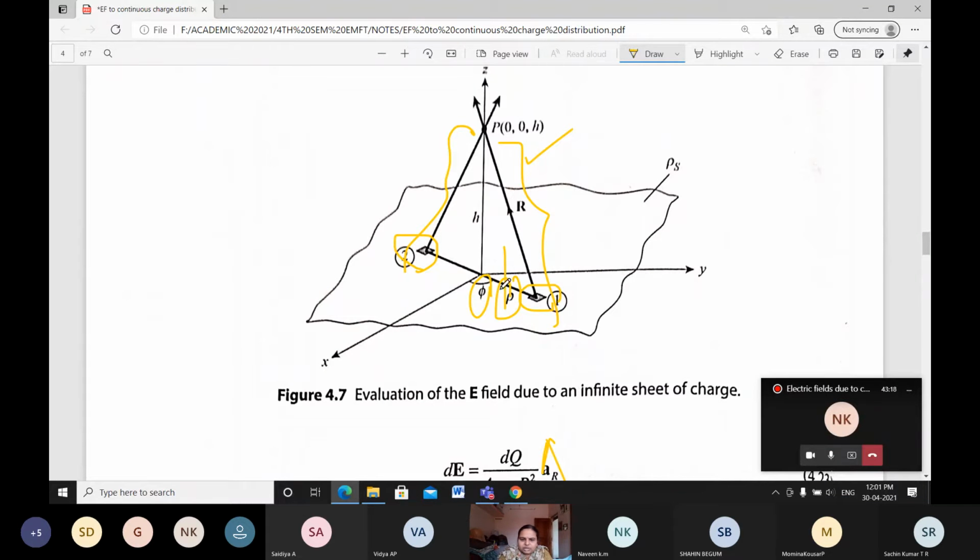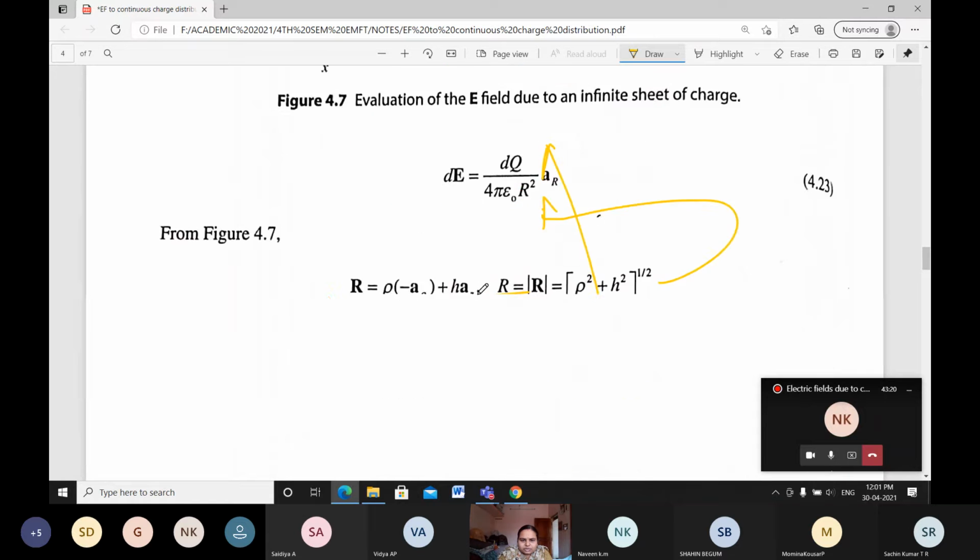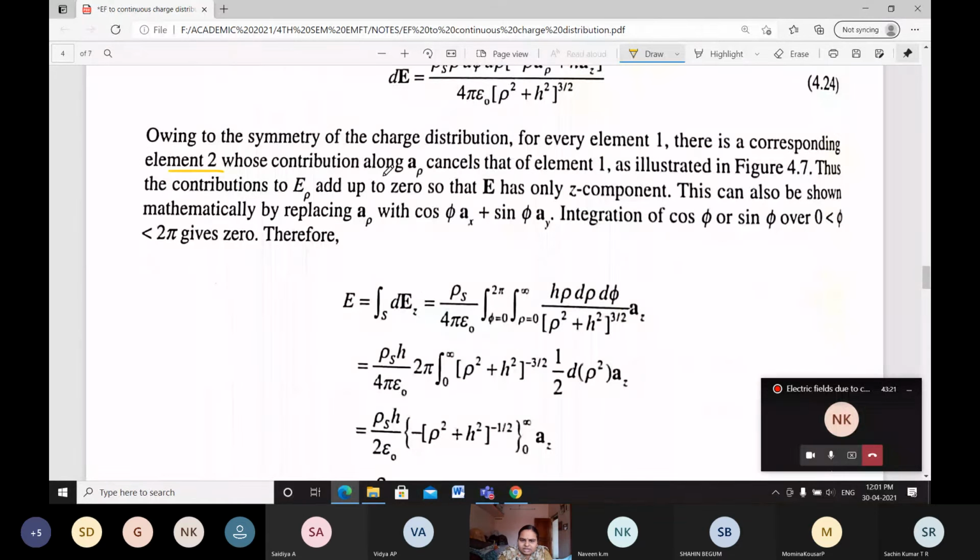For that reason the unit vector a_rho is going to cancel off. That's the meaning here: a_rho cancels for the element 1. Therefore the contribution of E_rho adds up to 0, so that E has only the z component.